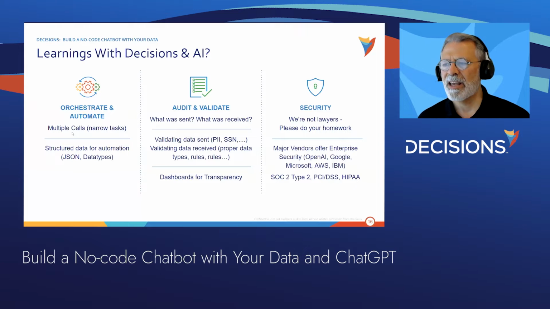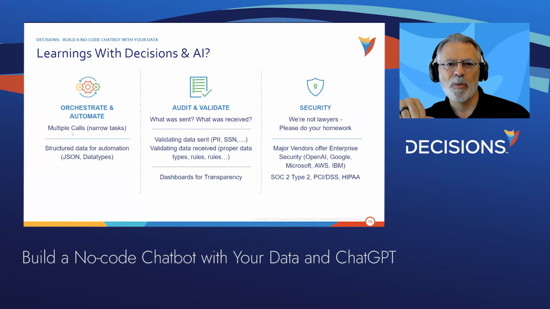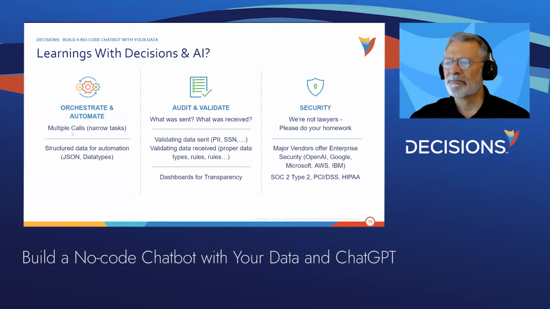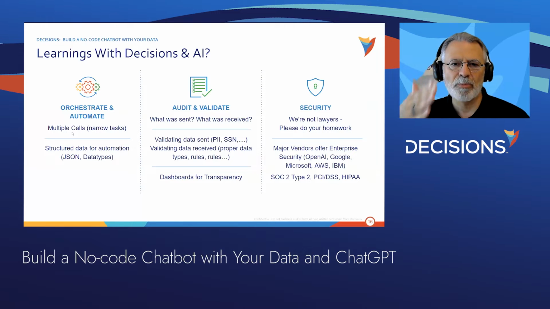For example, if you send a bunch of data to ChatGPT and then ask it 10 questions, 50% of the time you might get answers to 10, but sometimes it times out, or sometimes it gives you 1 through 4. But if you keep it small and then maybe make multiple calls where you build on that, we've seen that it works extremely well, and the accuracy and the completion go way up.